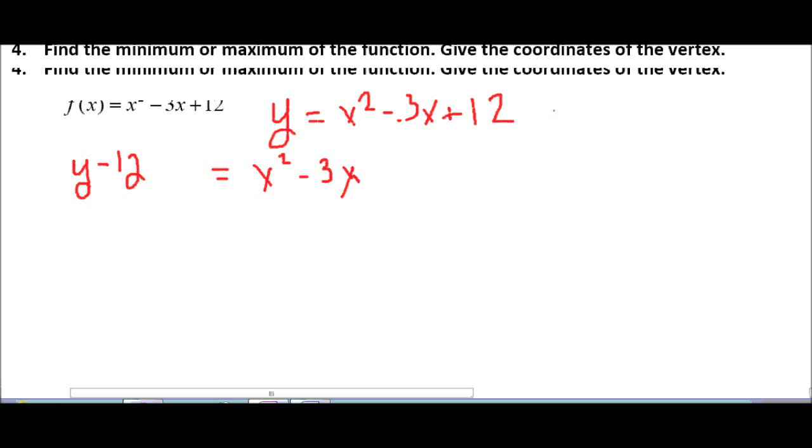So off to the side, I'm going to say I have to take half of 3, which remember we just put a 2 underneath of it and called it negative 3 halves. And then we square that number, squaring the numerator, squaring the denominator, we get 9/4. So I'm going to add 9/4 to both sides of my equation.